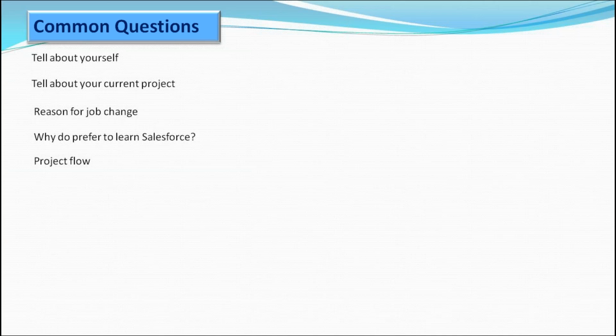So you should have derived some basic flow of your business project: data comes from this system and goes to this system, and finally the product is delivered to this system. Keep a simple project flow in mind. It need not be very detailed.